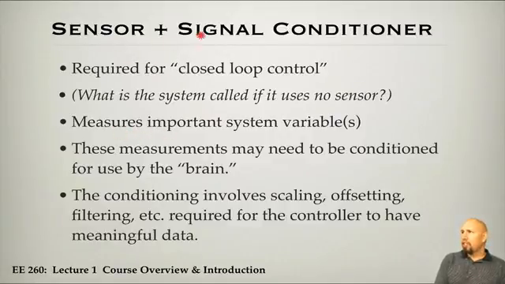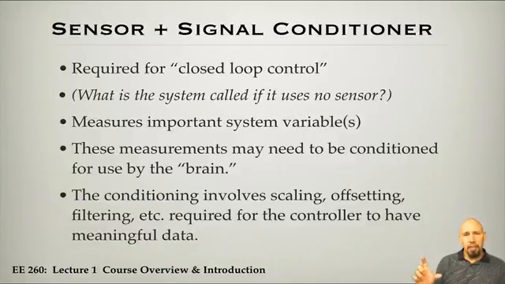So the sensor and the signal conditioner measure important system variables. These measurements, in general, will require conditioning to be used by the microcontroller. For example, the Arduino has an analog input, but the analog input only takes positive voltage.